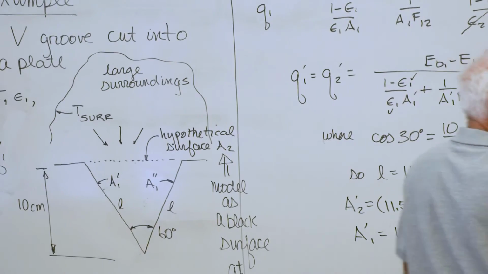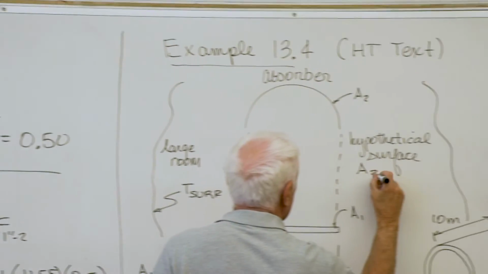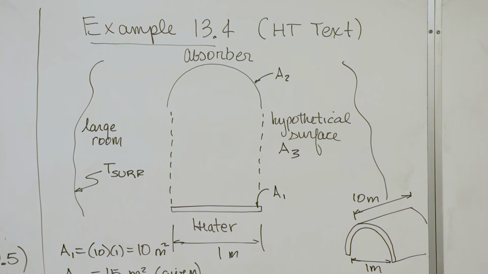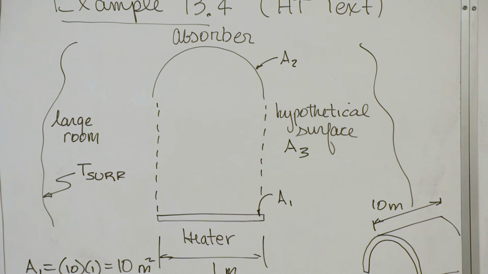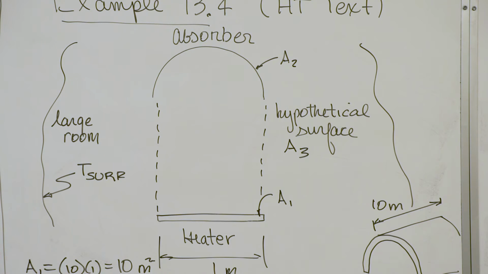That was a 2-surface enclosure. This is going to be a 3-surface enclosure. We now call this surface A3, just like over here, we called the hypothetical surface A2. Why do we create that hypothetical surface? It gives us an enclosure.